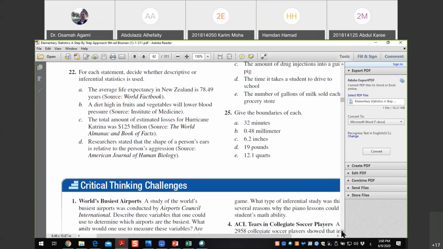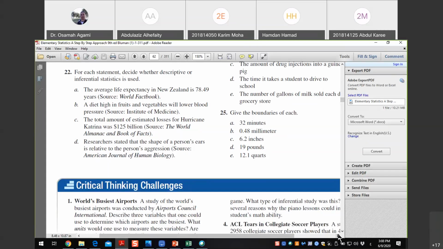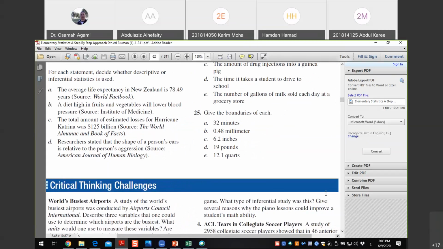Inferential. Yes, inferential because he has done research to get this statement. Okay. So we know how to distinguish between inferential and descriptive, right? Now I'll go for who we finished, Karim.